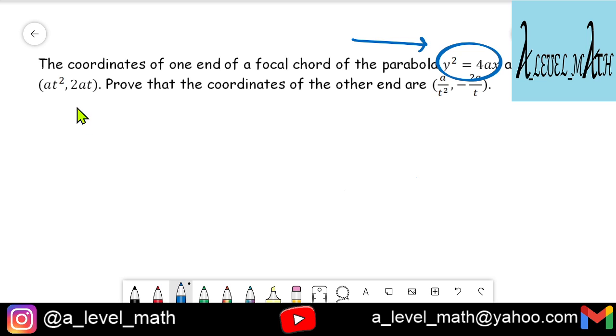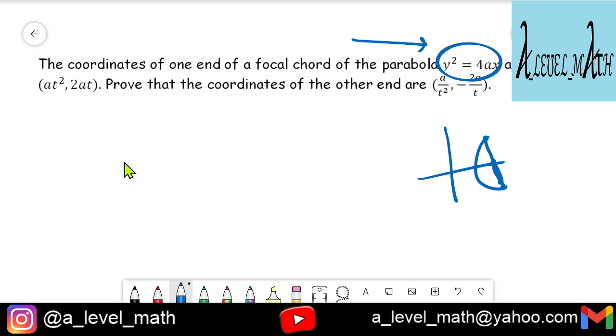Okay, so we are given that at^2 comma 2at is one end of the focal chord. So we have a parabola, we have a focal chord, suppose this is the focus, and we have one end. We have to prove that the other end of the chord is a by t^2 comma minus 2a by t. Okay, all right.